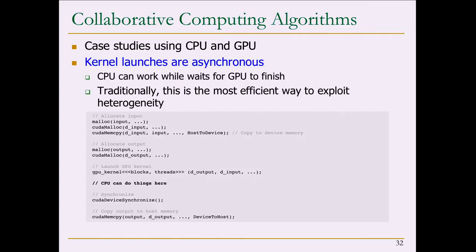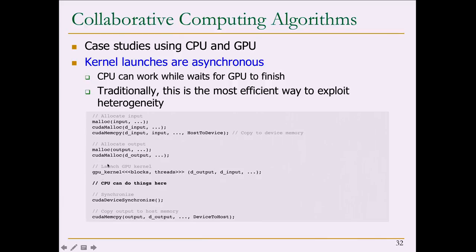If we actually want to have CPU threads and GPU threads working at the same time because we want improved performance, the only way we could do that in the traditional model was taking advantage of the asynchronous kernel launch.